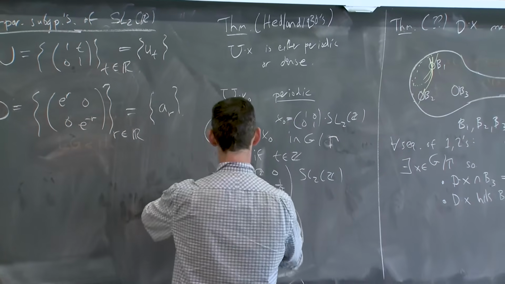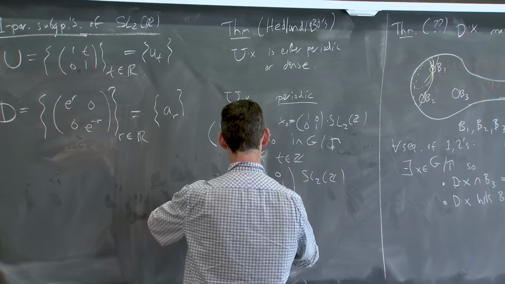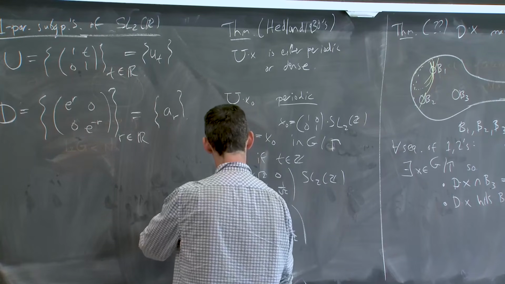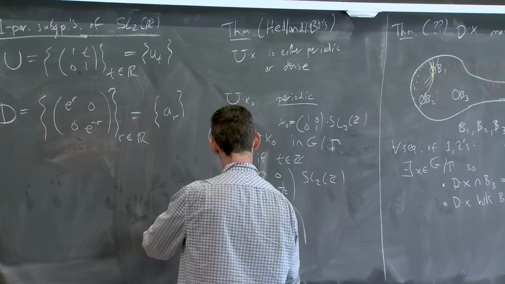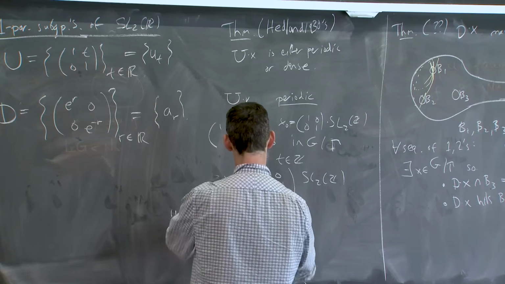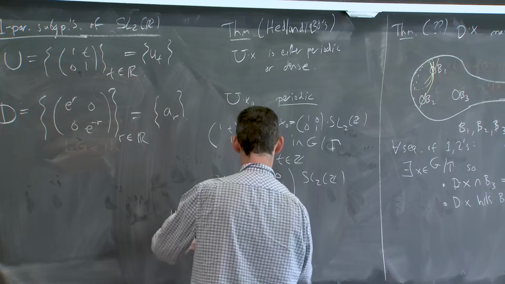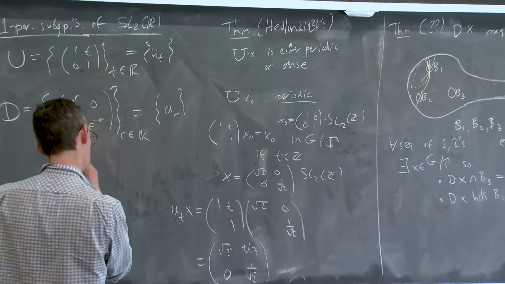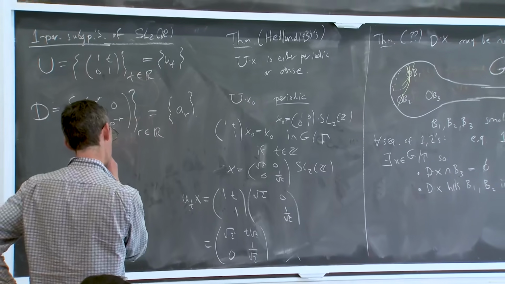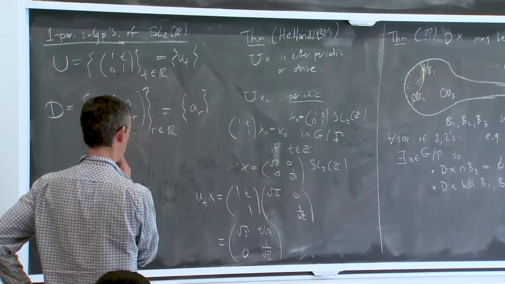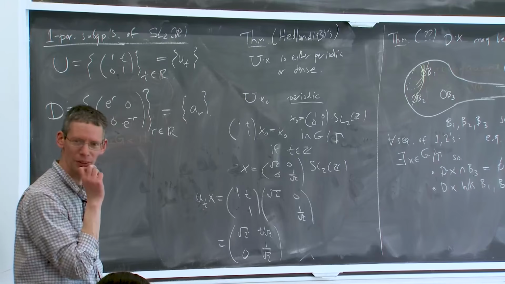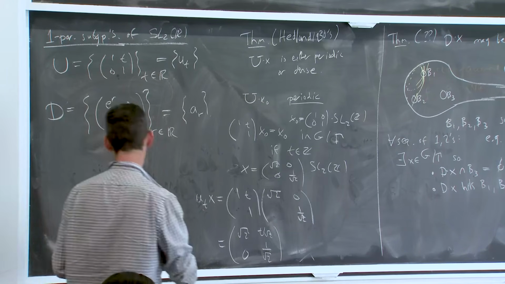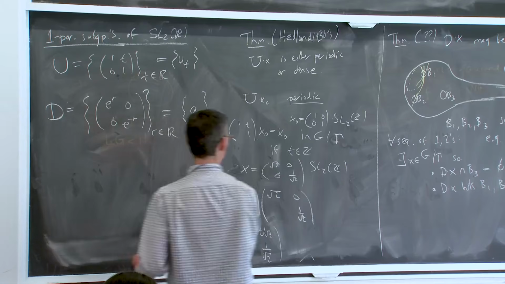So that'll be root 2, that'll be t over root 2, this will be 0, this will be 1 over root 2. And oh, that one might be periodic. I think I picked the wrong example. Yeah, okay, sorry. That was unhelpful.